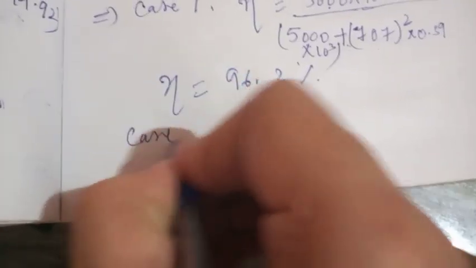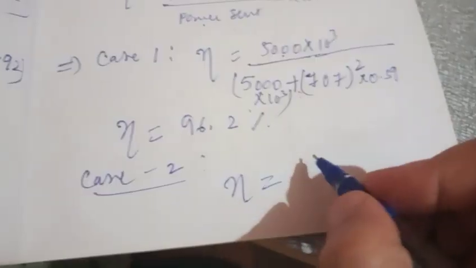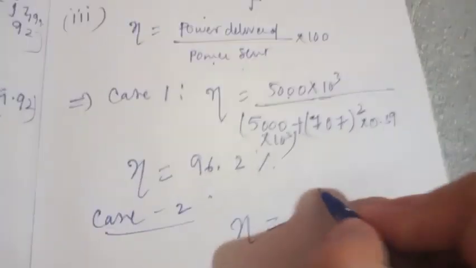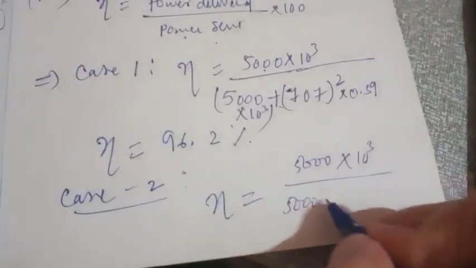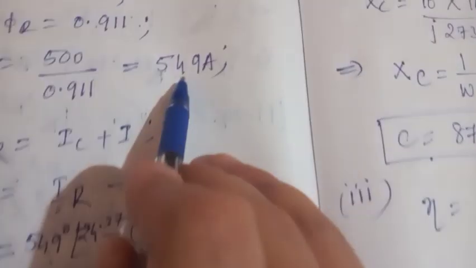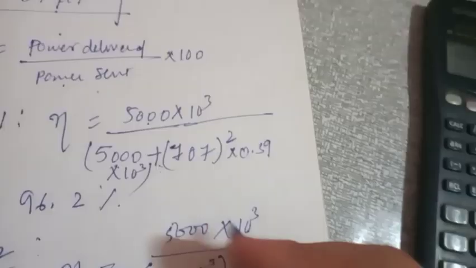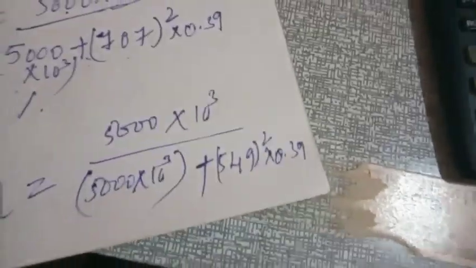Next, in case 2, eta is the same thing: 5000 into 10 to the power of 3 is the power delivered. What is the receiving end current? The newly calculated current is 549 amps, right? 549 squared into 0.39, where 0.39 is the resistance.